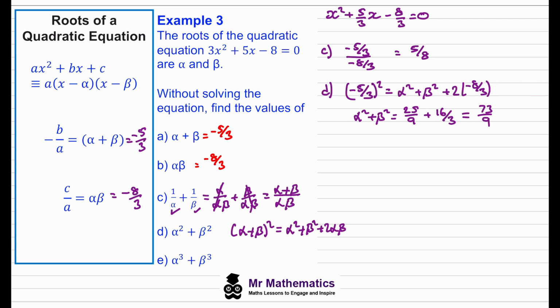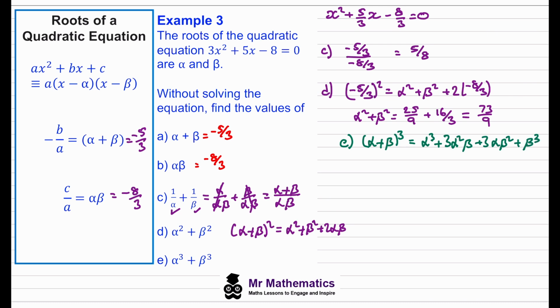And then for part E, if we look at alpha plus beta and we cube this using a binomial expansion, we'll get alpha cubed plus 3 alpha squared beta plus 3 alpha beta squared plus beta cubed.